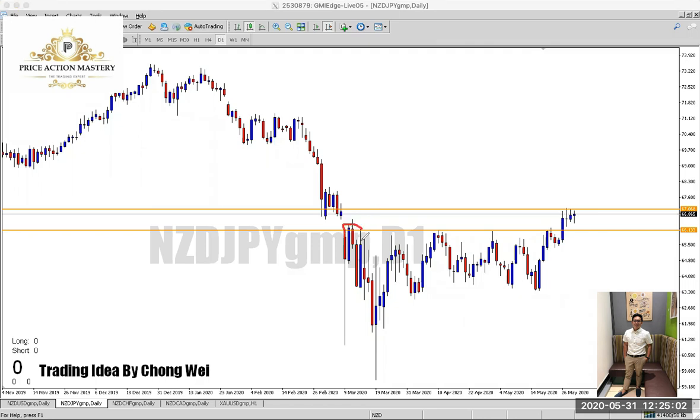Sell at the resistance, sell at the resistance. Once you sell here and your lot size becomes bigger, why does it become bigger? Because your confidence level becomes bigger. So once you sell a bigger lot size here, the market shoots up and everyone gets killed. This is what those big players want.